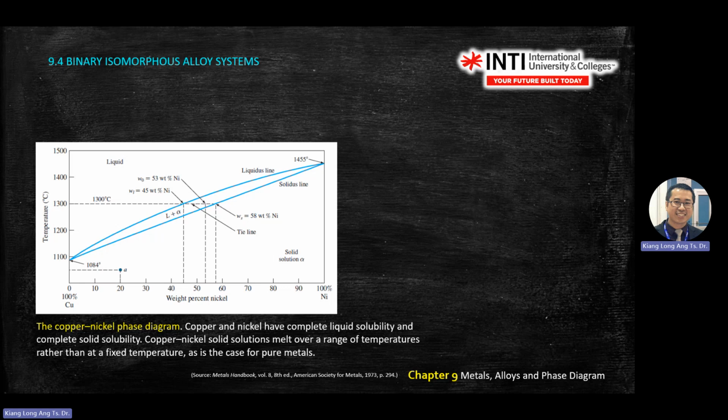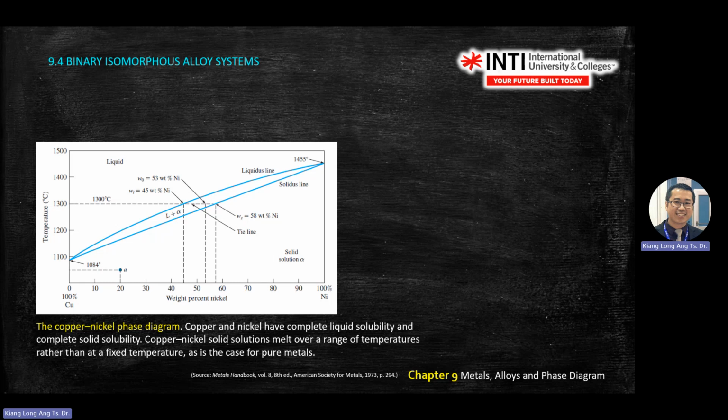When you add the two numbers, nickel plus copper must be 100%. So at this point will be 0% nickel, 100% copper. Here is 10% nickel, 90% copper. And this point, 70% nickel, 30% copper.